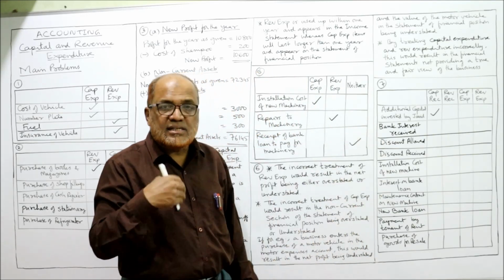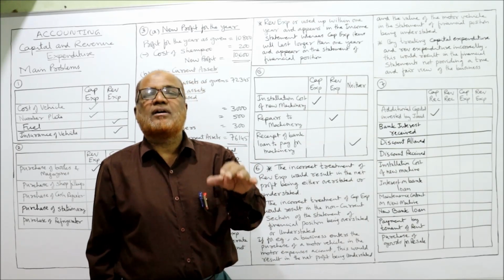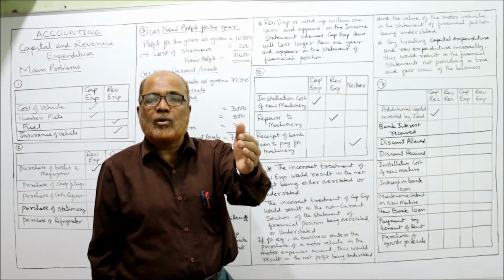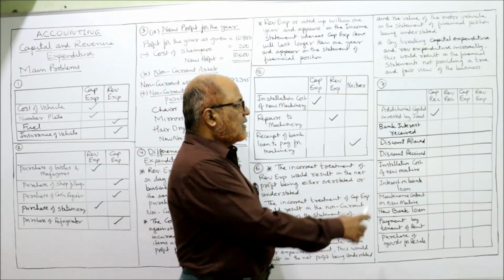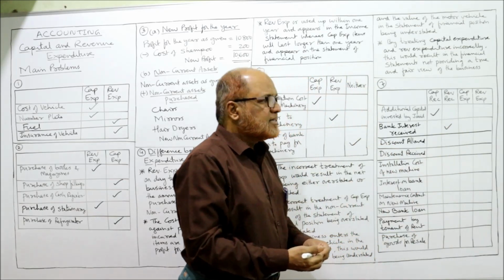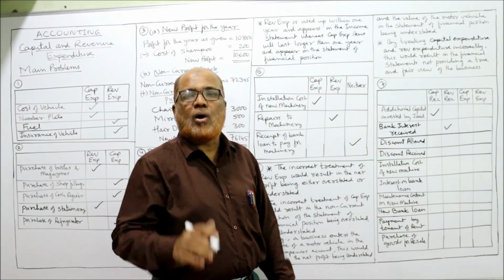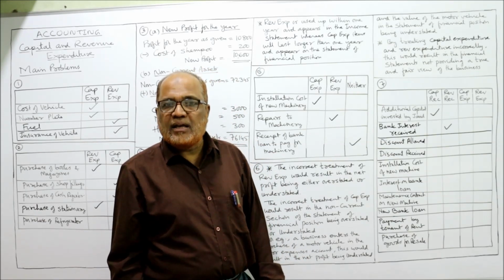Bank interest received. Received means it is a revenue receipt. It's a recurring receipt. So bank interest received is a revenue receipt. Similarly, discount allowed will be treated as a revenue expenditure.